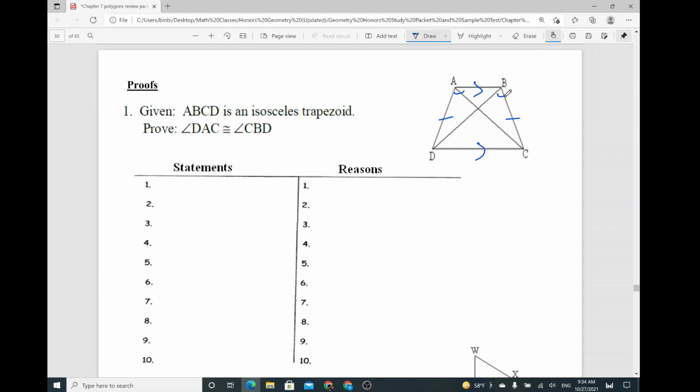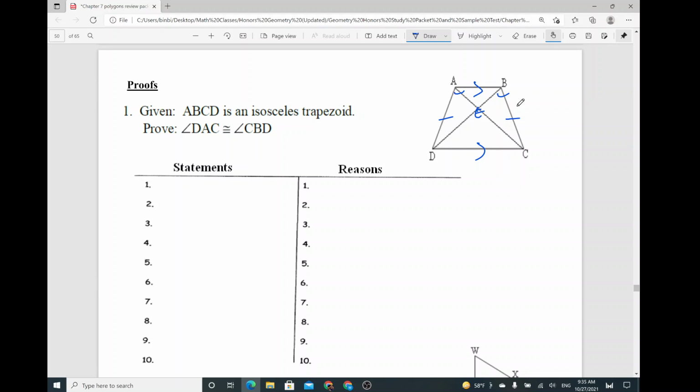To prove those two angles are congruent, we need to show that triangle DAC is congruent to triangle CBD. Or we can prove that triangle ADE is congruent to triangle BCE. It depends on which way you want. So let's prove that the overlapping triangles are congruent.